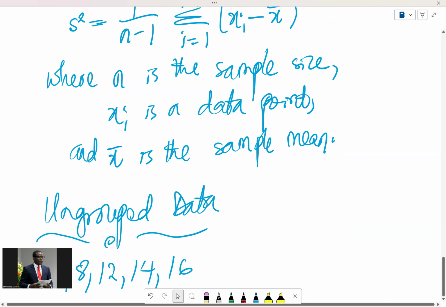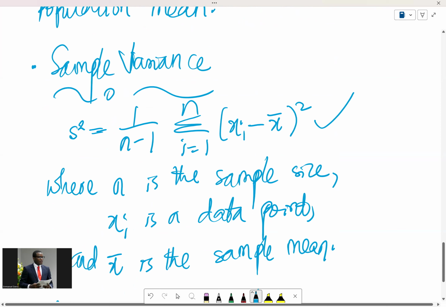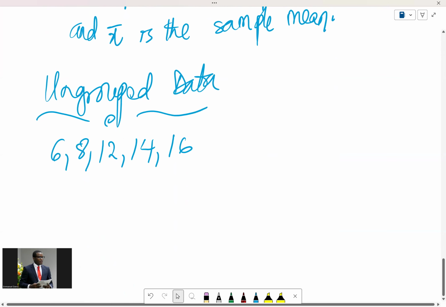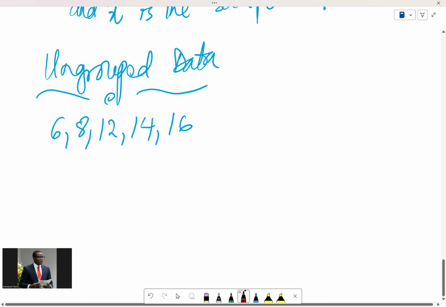So it means you need to know n, and the xi's are the values. This is x1, x2, x3, x4, x5. So n is equal to 5. You have 5 data points.